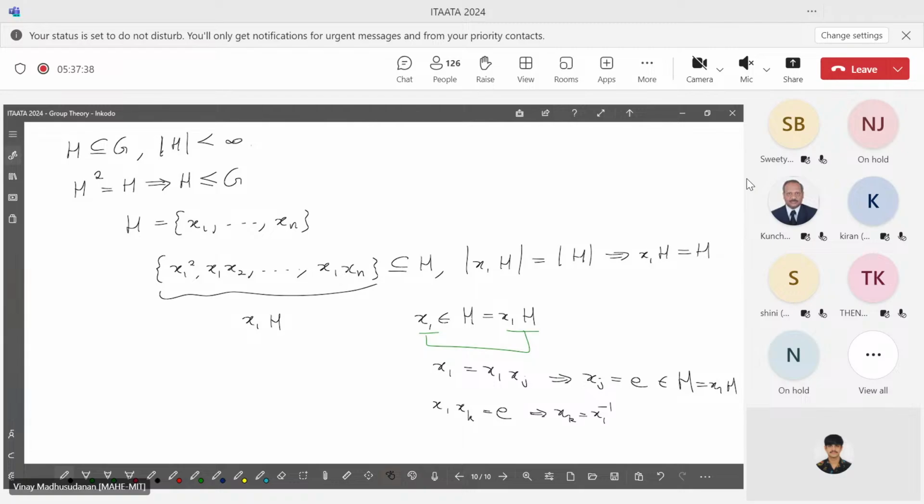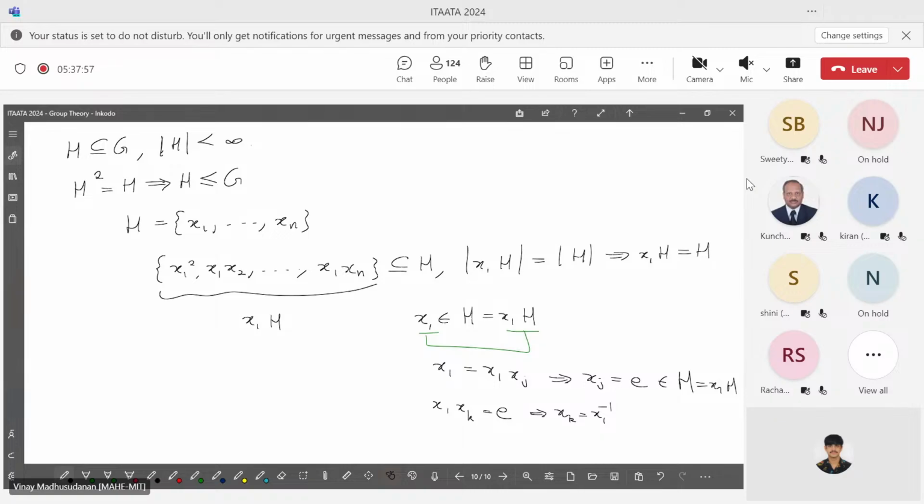So x1 inverse also is there, and obviously the argument works with any xi. So for every element, its inverse is also there. It's already closed under the operation by assumption. The inverses are there, identity element is there, therefore it's a subgroup.